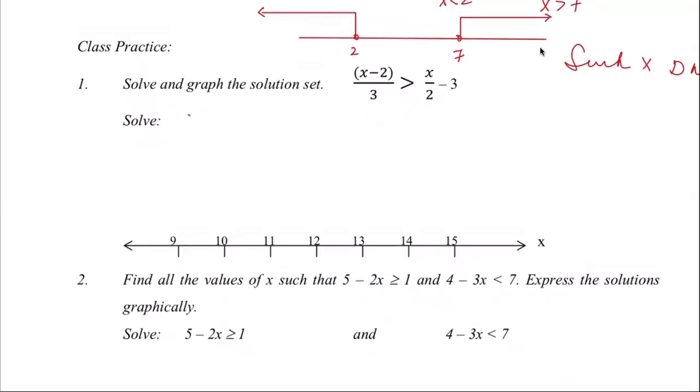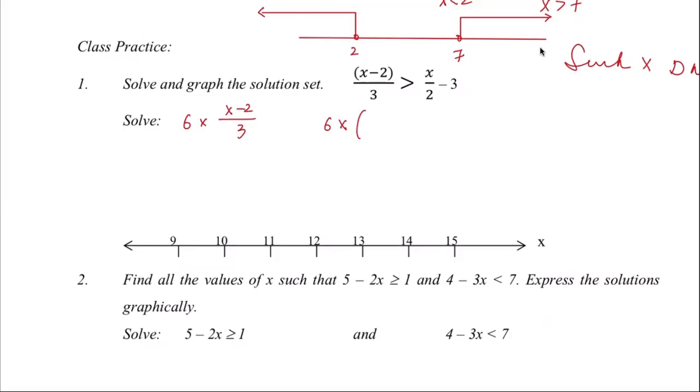So 6 times (x minus 2) over 3, and on the other side, 6 times x over 2 minus 3.